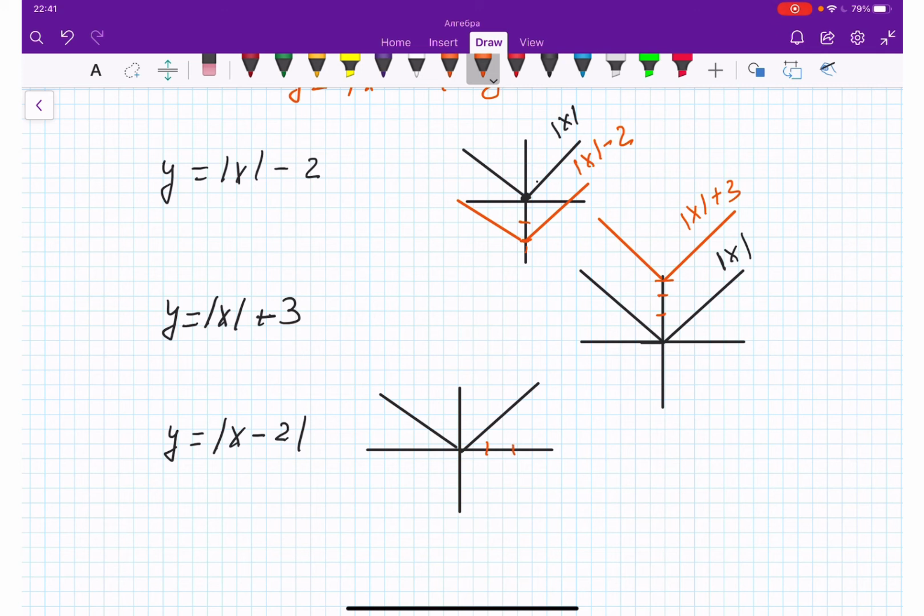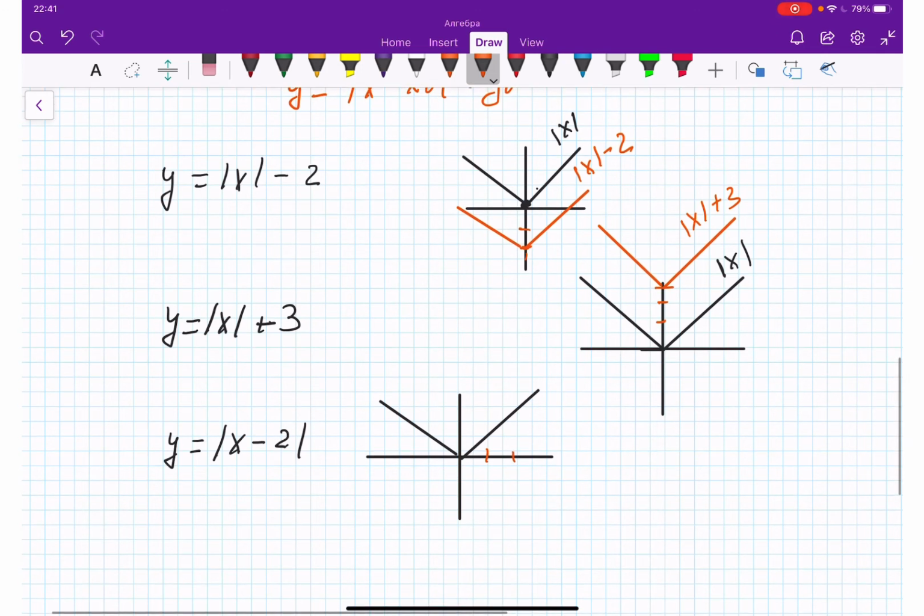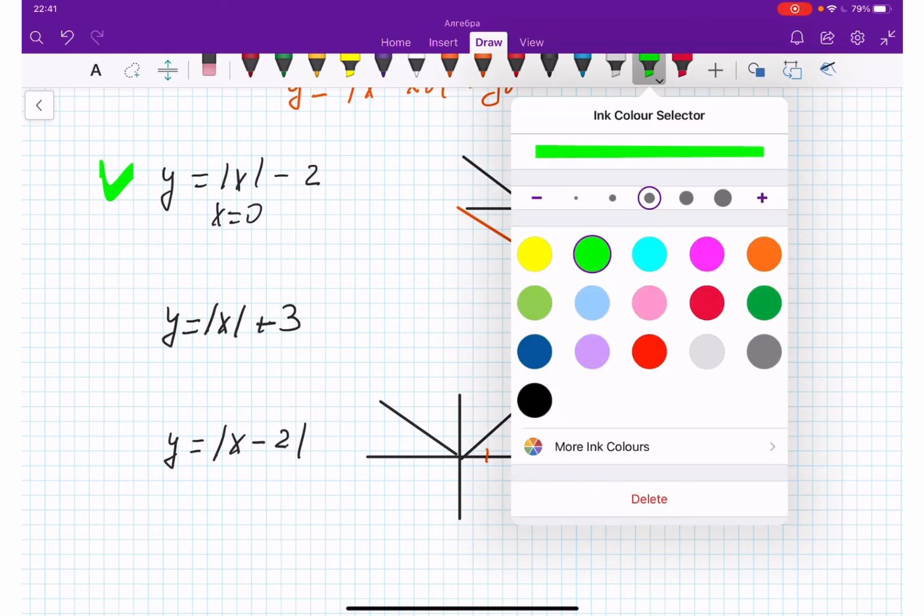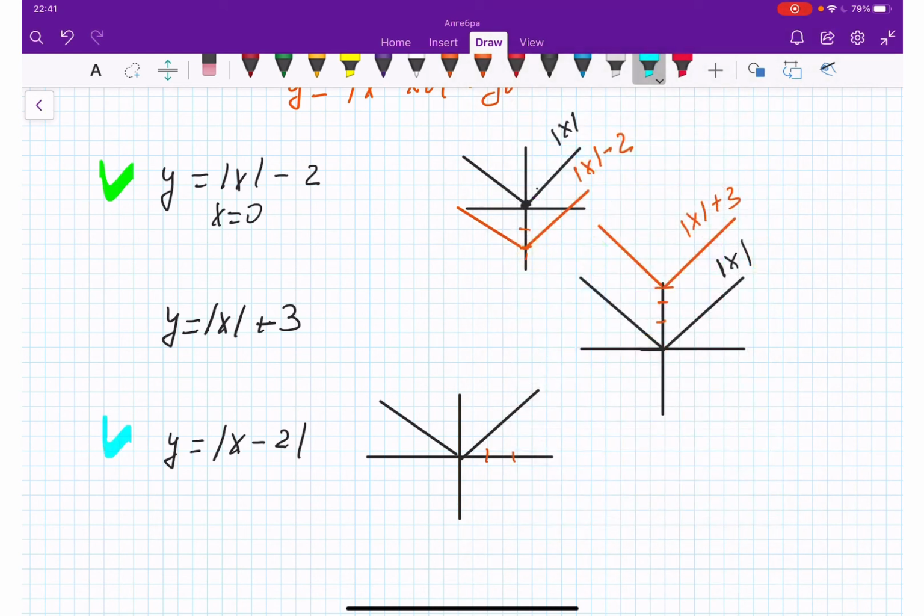Why is that? It has a very simple explanation. When we want to find out the shifting of y, because in this case minus 2 is a shifting of y, right? We always take x equals 0, and you get the shifting of y. When you want to find out the shifting of x, then you take y equals 0.